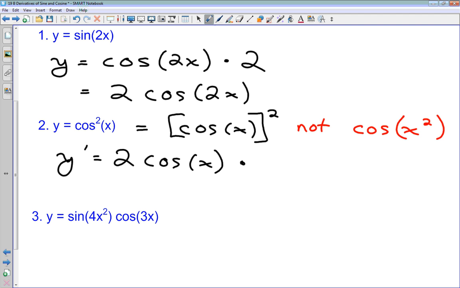And then we're going to multiply by the derivative of that inner function. What is the derivative of cos x? Well, we had those up at the top of the page. Derivative of cosine x is negative sine x. So just cleaning it up a bit, we get negative 2 cos x sine x.